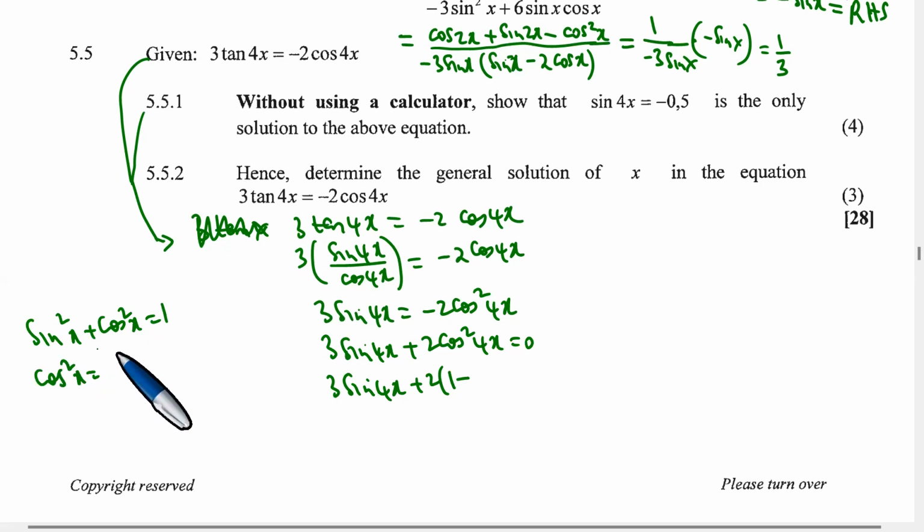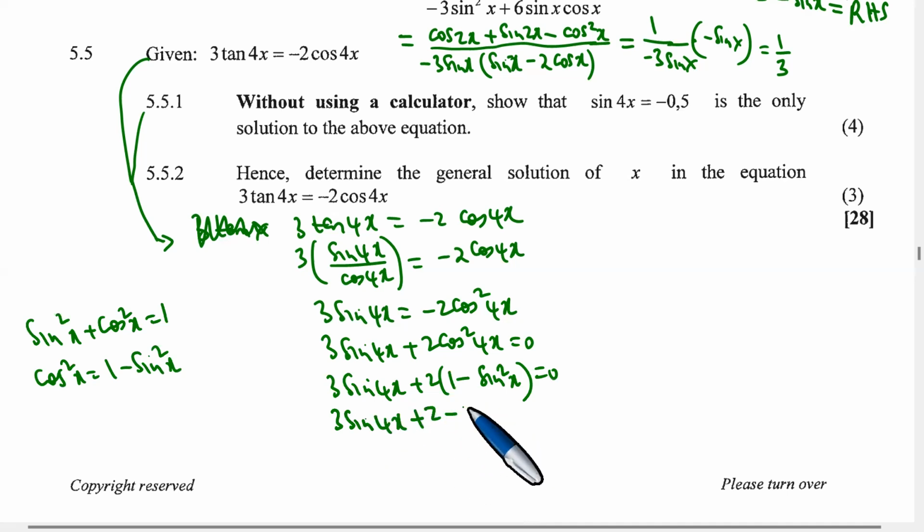If you transpose the sine, cosine squared becomes the same as 1 minus sine squared x. So in the place of cosine squared, you have 1 minus sine squared x, and this equals 0. Three sine 4x plus 2 minus 2 sine squared x.